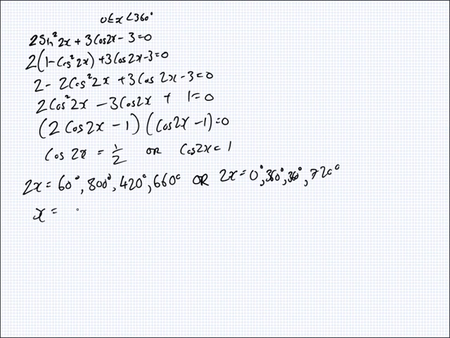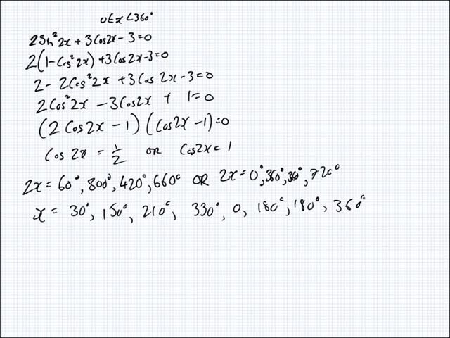So you get x equals 30, 150, 210, 330, 0, 180, 180, 360. But 360 we reject because I didn't want 360 included.